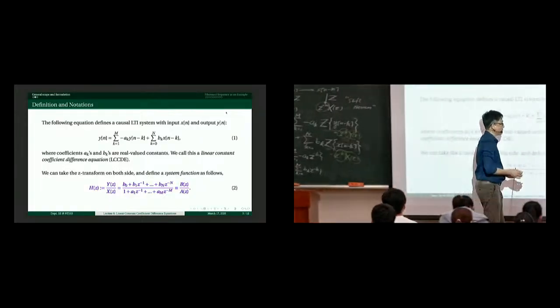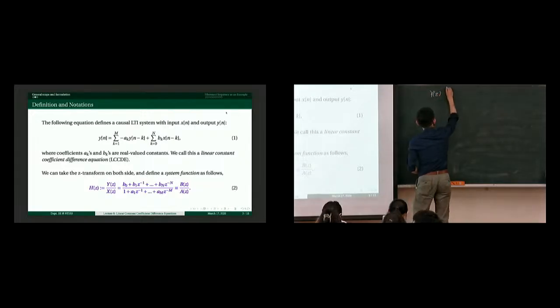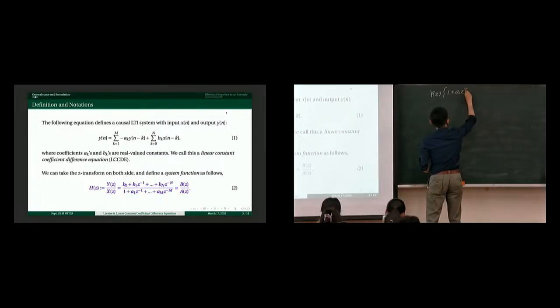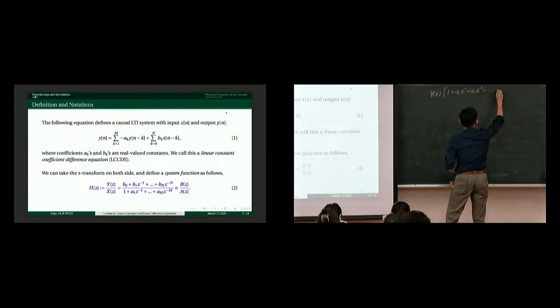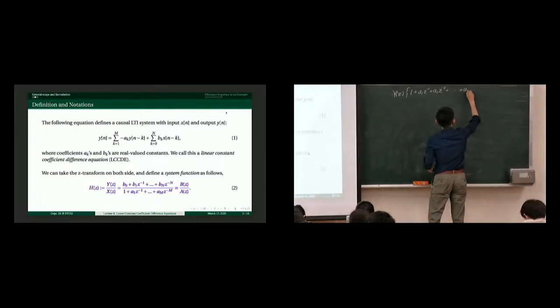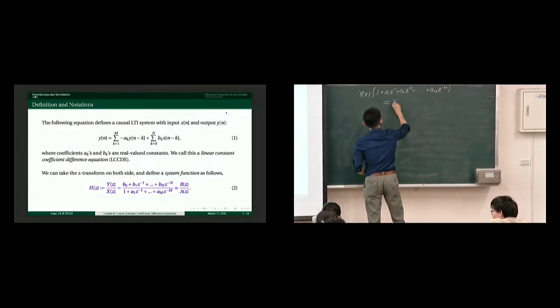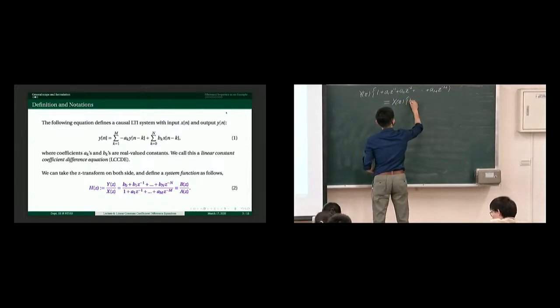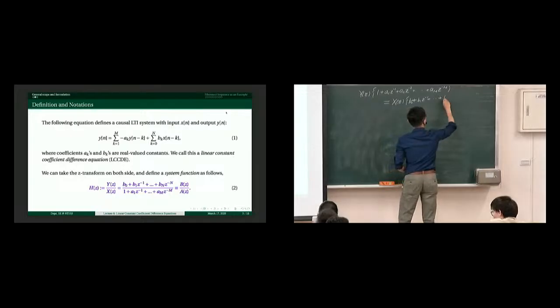We have Y(z) times (1 plus a1 z inverse plus a2 z to the minus 2 plus, the highest order term, a_M z to the minus M) equals X(z) times (b0 plus b1 z inverse plus, the highest term, if I remember correctly, b_N z to the minus N).